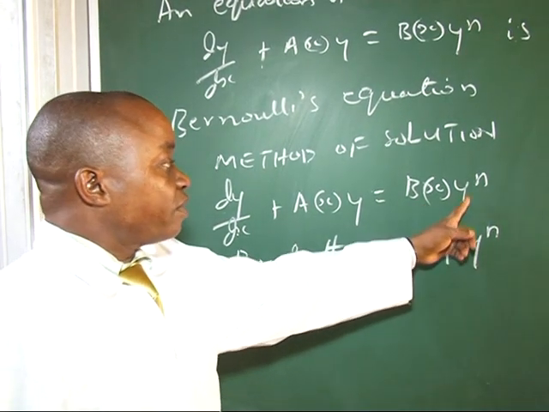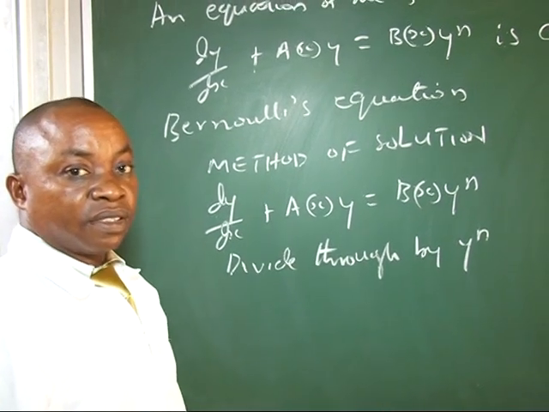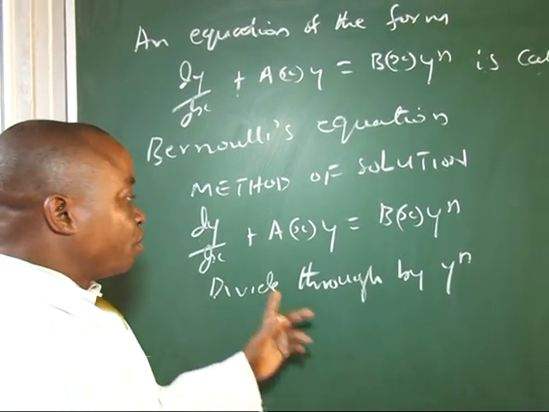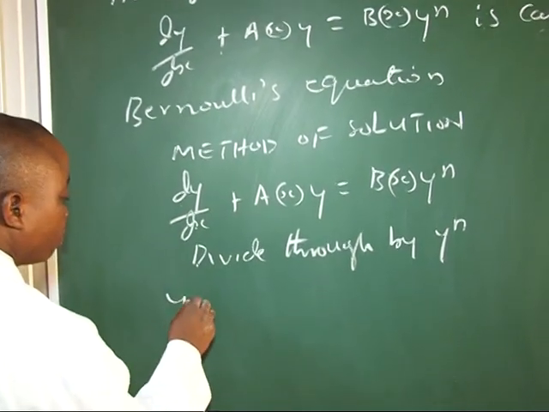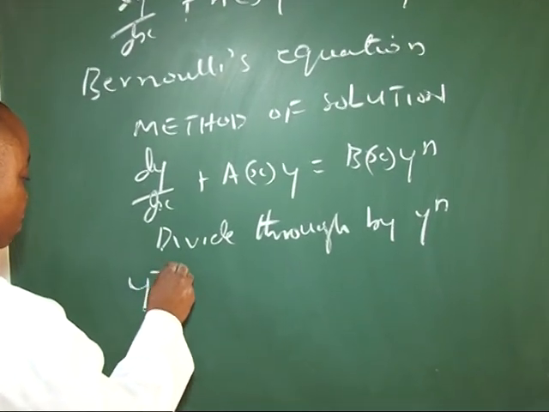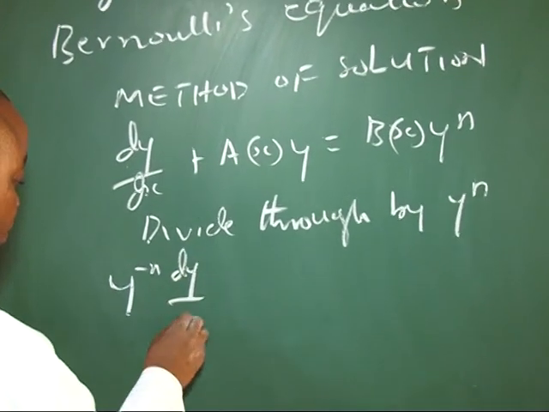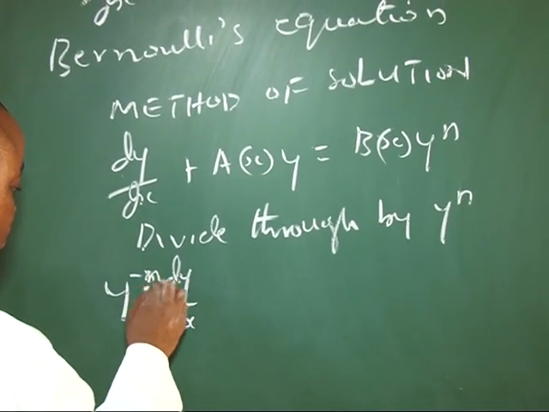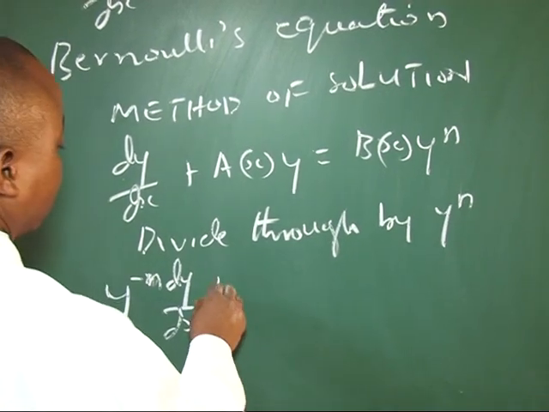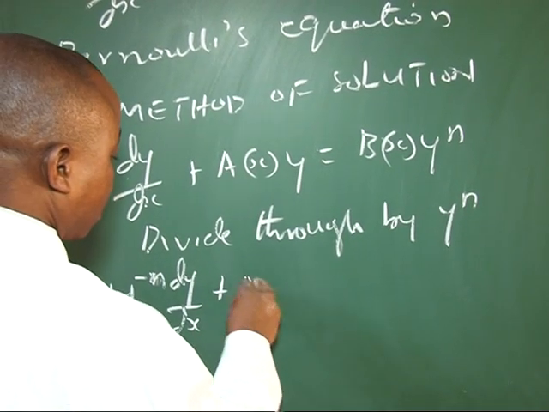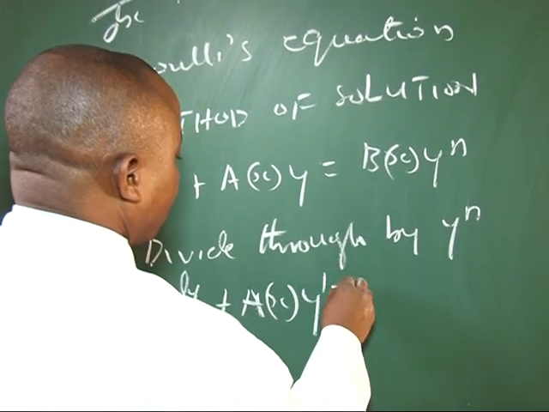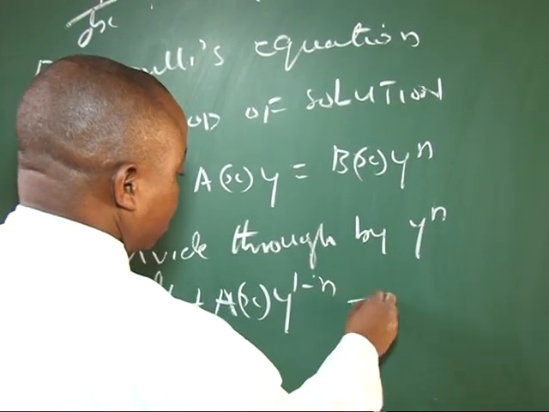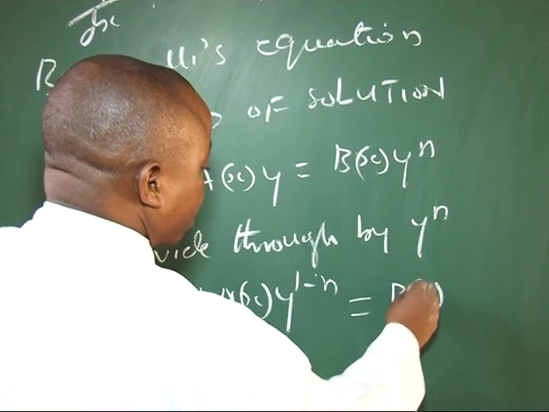It's only this one, y raised to the power n, that makes it Bernoulli equation. So we'll divide through by y raised to the power n. Then we'll have y raised to minus n dy/dx plus a(x) y raised to 1 minus n will equal b(x).